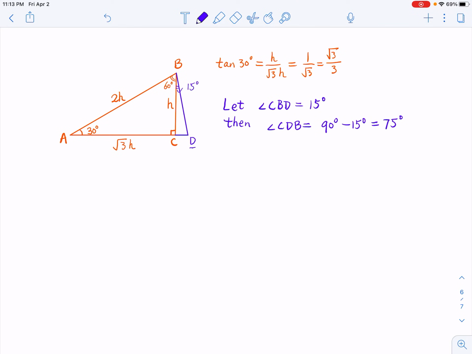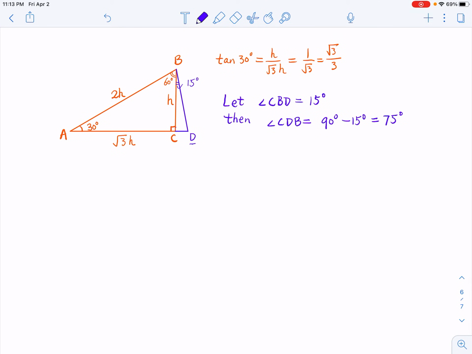Because this is 15 degrees, and this is a right angle here, the angle CBD would equal 75 degrees.